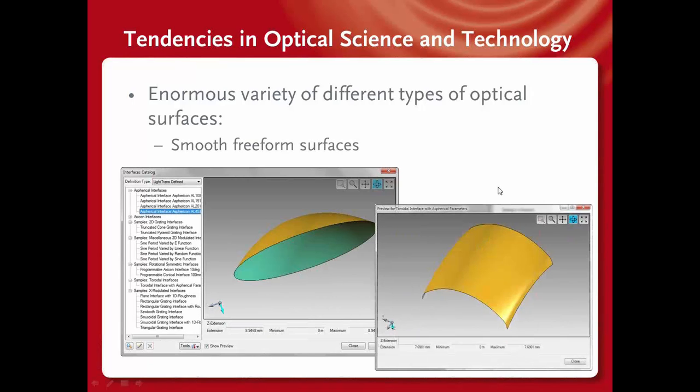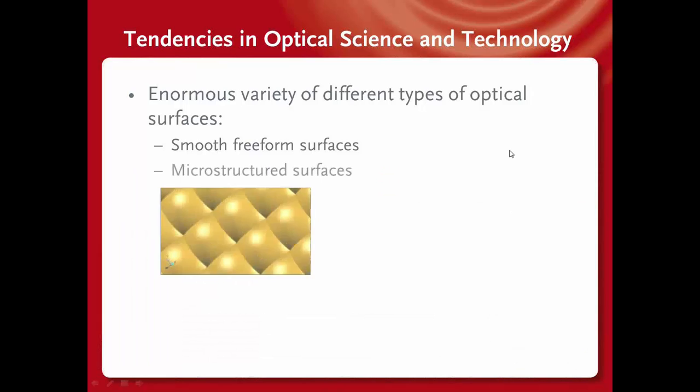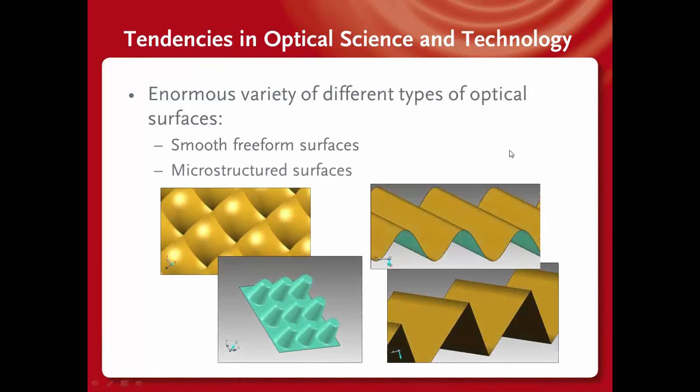The interfaces are mainly the interesting part. Nowadays people are interested in the simulation of smooth freeform surfaces. For example, you can see here an aspherical lens surface, or some cylindrical lens. VirtualLab can also simulate microstructured surfaces like some kind of sinusoidal grating, or a blazed grating, but also microlens arrays, or axicon arrays, for example.